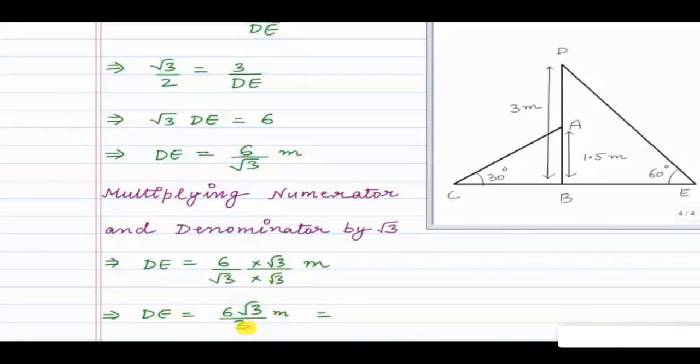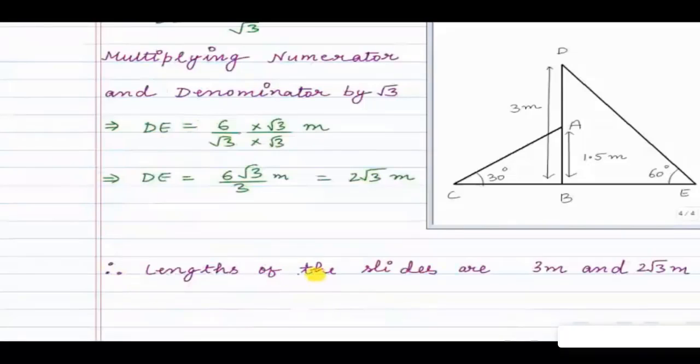Now 3 can cancel with 6, and this will become 2 root 3 meters. Therefore, the lengths of the slides are 3 meters and 2 root 3 meters. This is our answer.